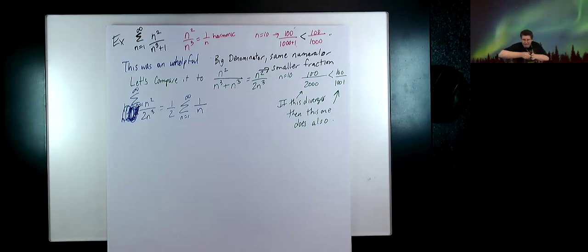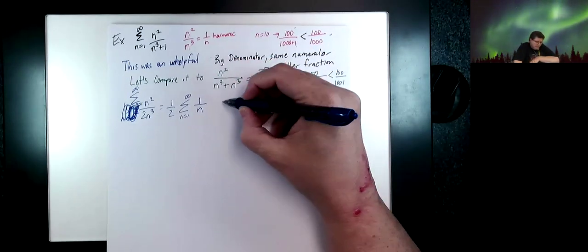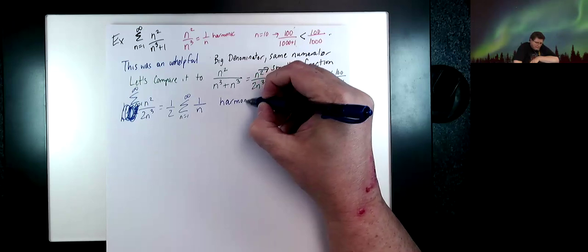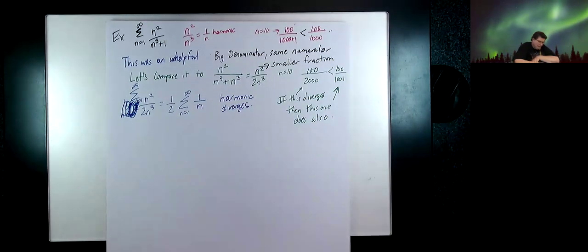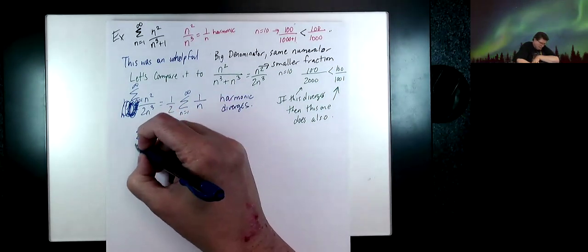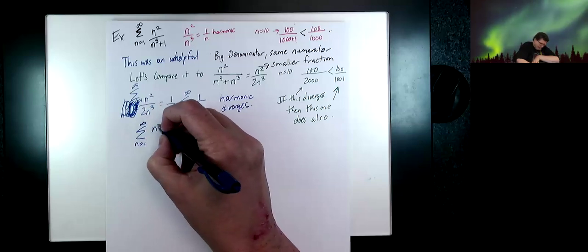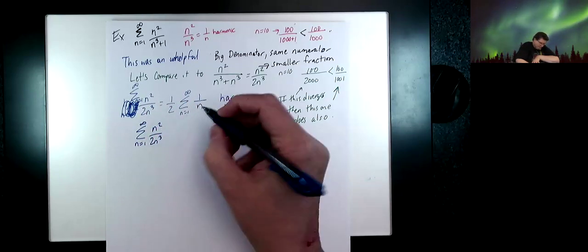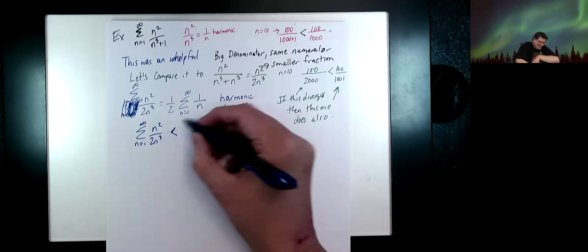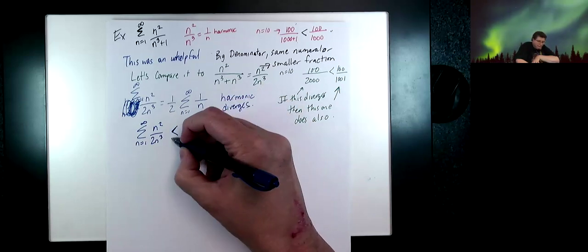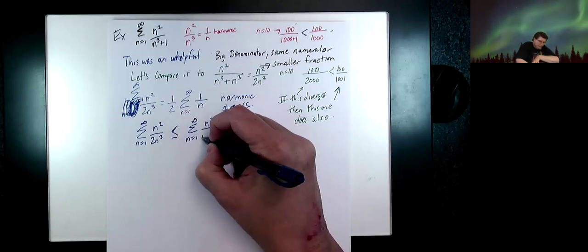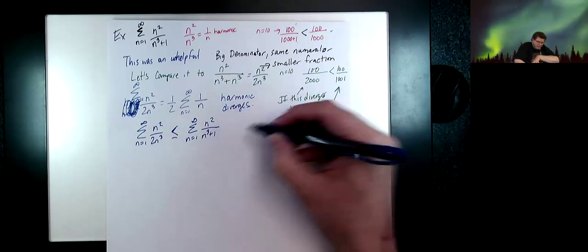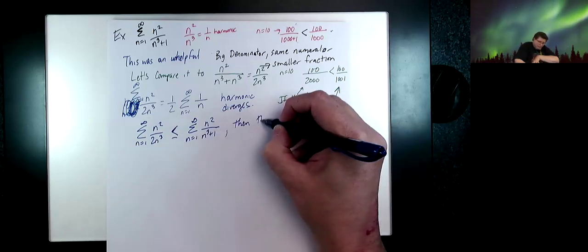This one is harmonic and diverges. And because the sum from n equals 1 to infinity of n squared over 2n cubed is less than or equal to the sum from n equals 1 to infinity of n squared over n cubed plus 1, then this one diverges also.